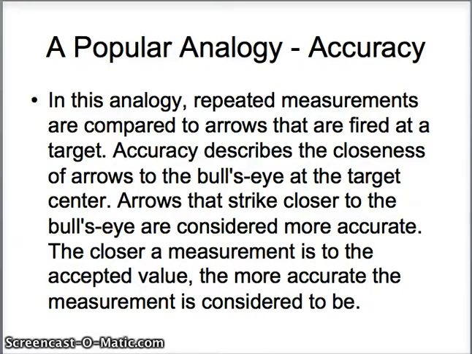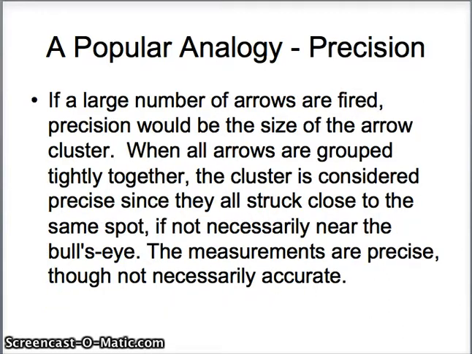In essence, the closer the measurement is to the accepted value, the more accurate that measurement is considered to be. Now, what precision basically means is that if you fire 10 arrows and all the arrows would be in the same spot or very close to the same cluster, then we call that very precise because you're always consistently hitting the same area. But that's just an analogy. It's not exactly a perfect fit, but that's kind of the difference between precision and accuracy.